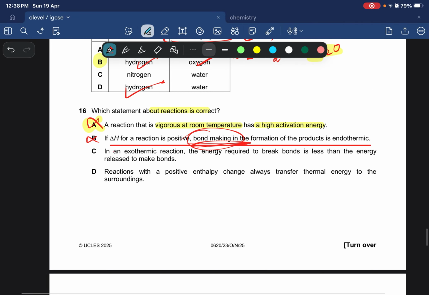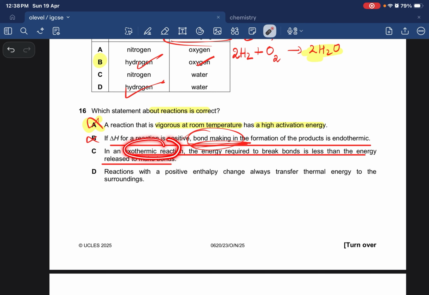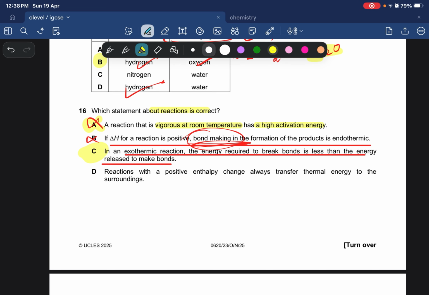Cross. In an exothermic reaction, the energy required to break bonds is less than the energy released to make bonds. Exothermic reaction, the energy required to break bonds is less than the energy released when bonds are formed. That is correct.